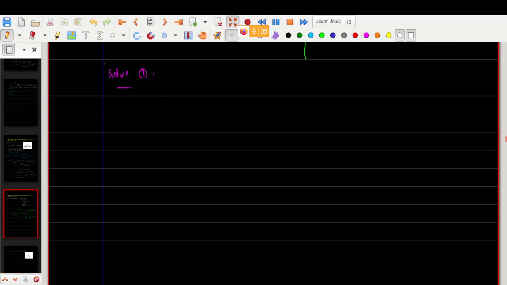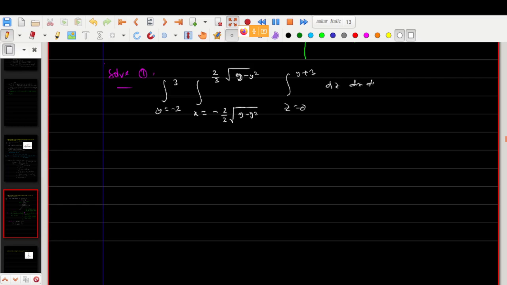So the integration now becomes y equals minus 3 to 3, x equals minus 2 by 3 root over 9 minus y square to 2 by 3 root over 9 minus y square, z equals 0 to y plus 3, z dz dx dy.